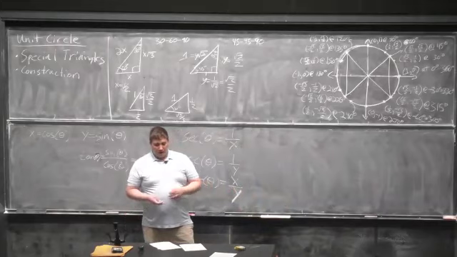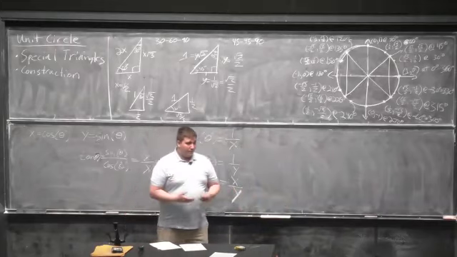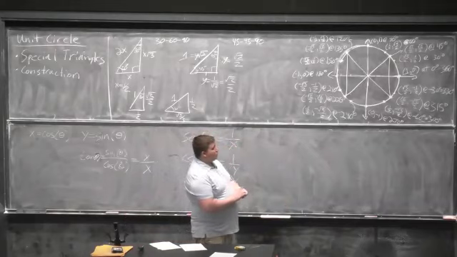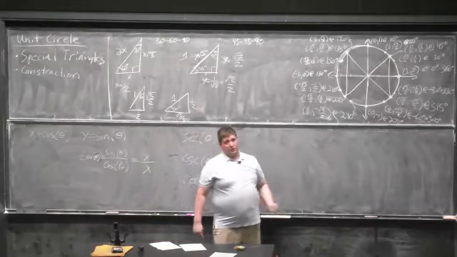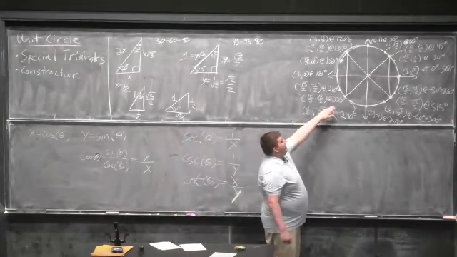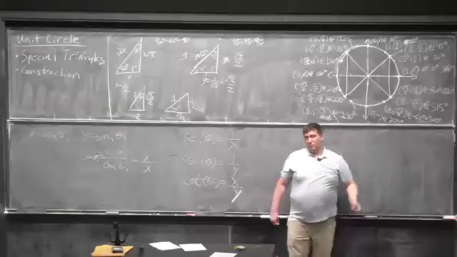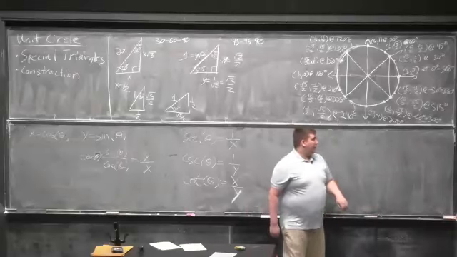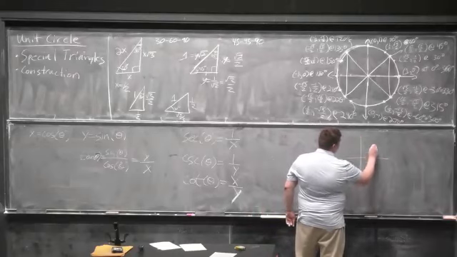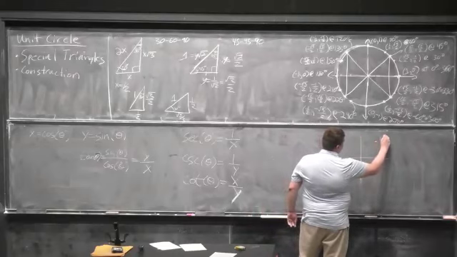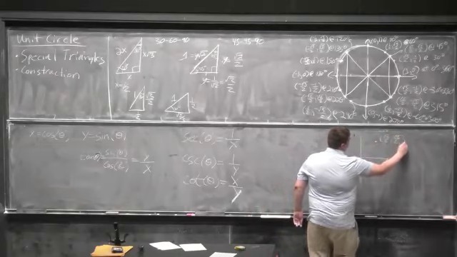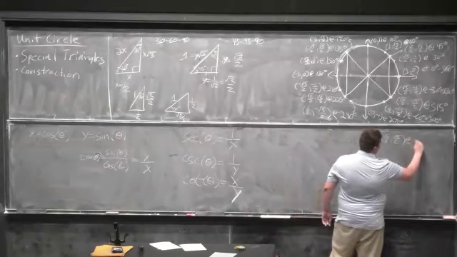As a reminder, the check-in homework is to make this unit circle, with the only exception being that you have radians here. An example would be square root 2 over 2, square root 2 over 2 at pi over 4.